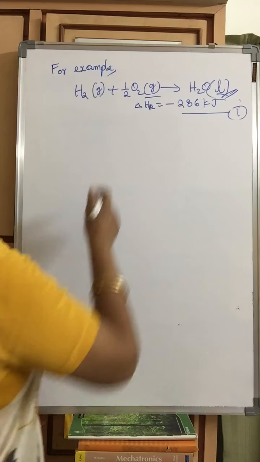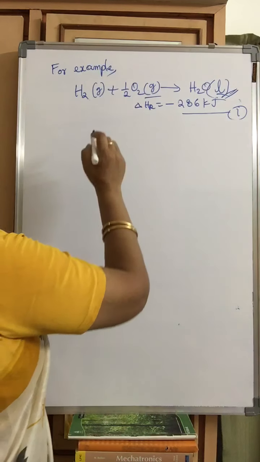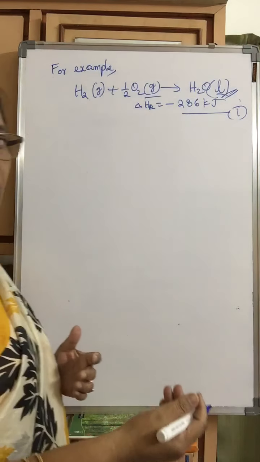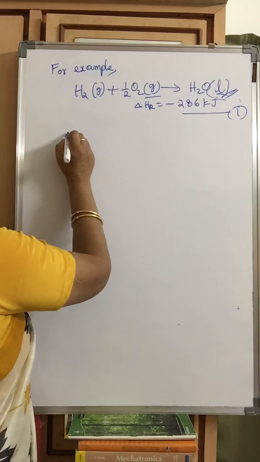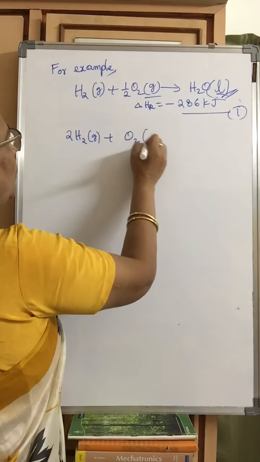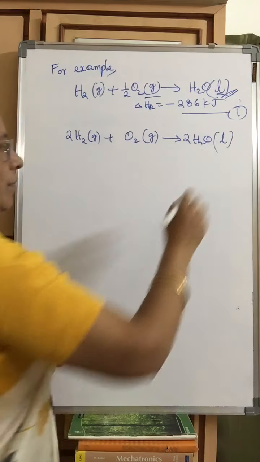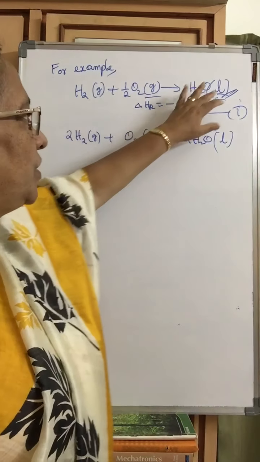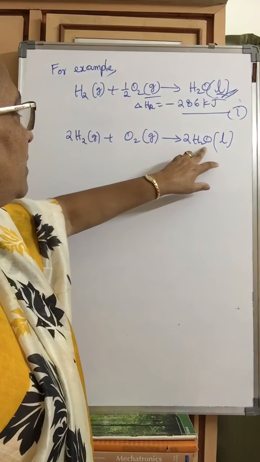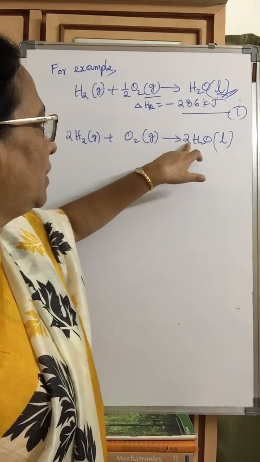And one more point: if for example you take this reaction and multiply the entire reaction by the same coefficient, that means 2H2(g) plus O2(g) gives 2H2O, same reaction, same states, but you are changing the balance by multiplying the entire equation with 2.